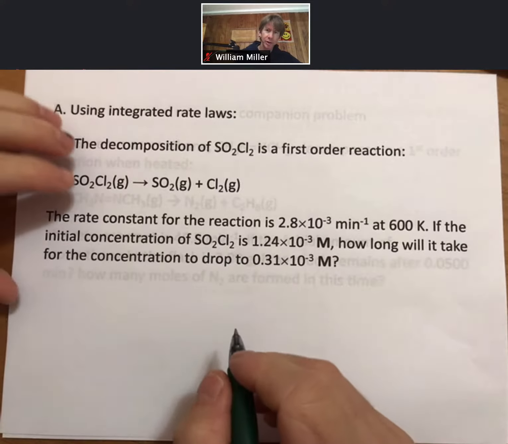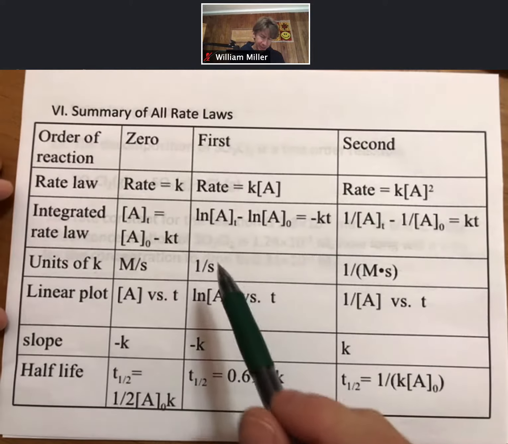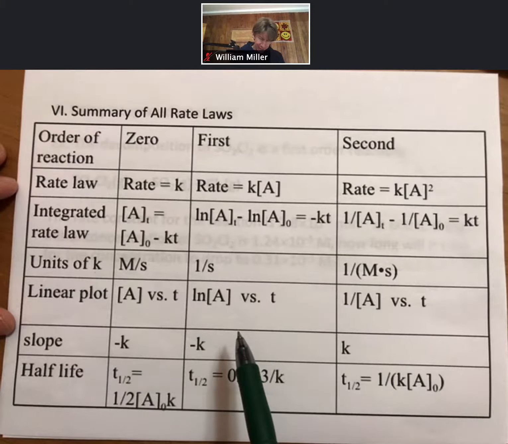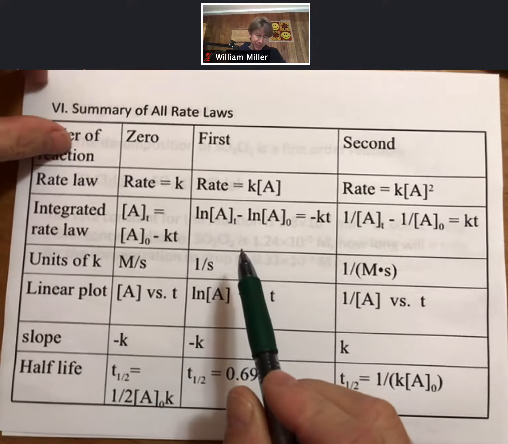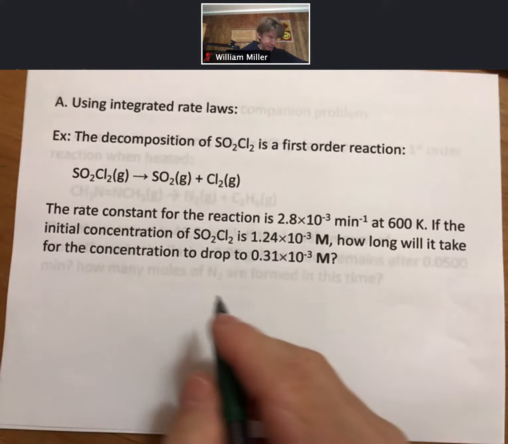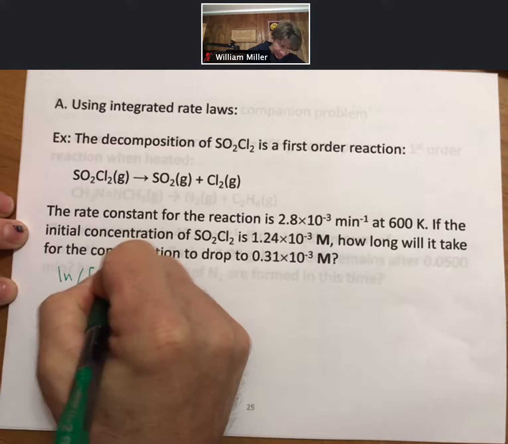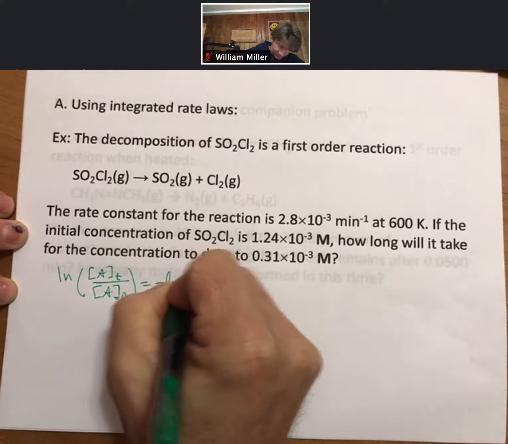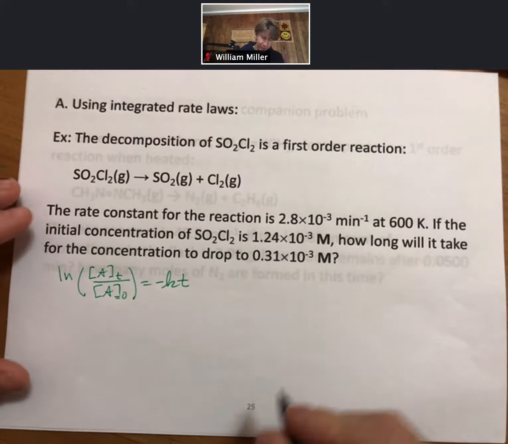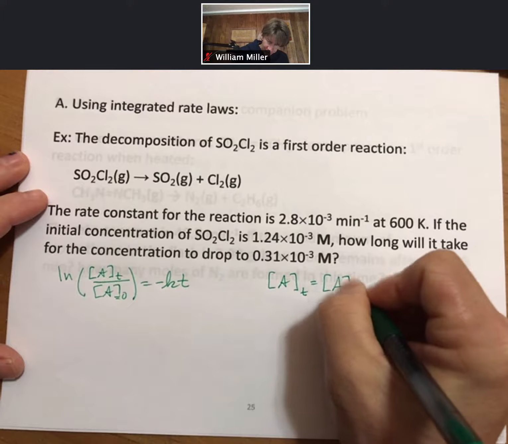So remember, there are two versions of the first order integrated rate law, and I keep this table handy throughout the rest of my kinetics work. It says first order, so we have this version here in terms of natural logarithms, and then we've also got our exponential version.